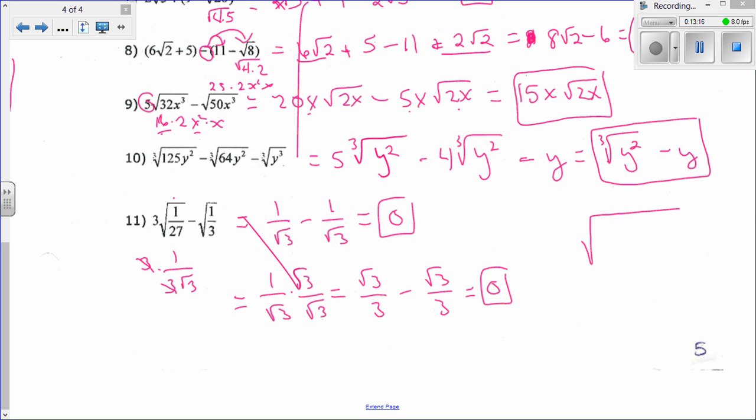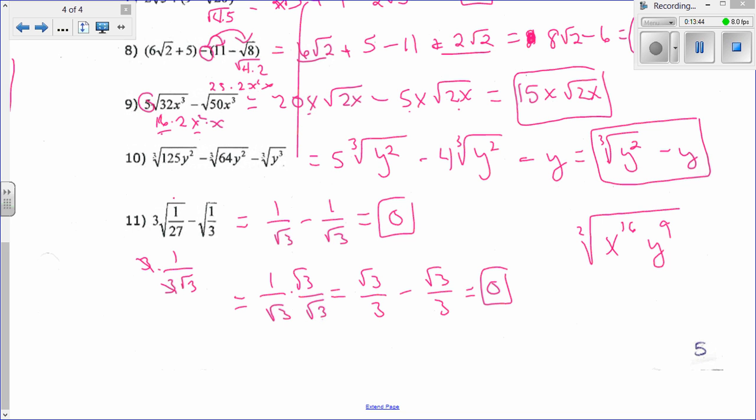The square root of x to the 16th, y to the 9th. I do not ever take the square root of the exponents. If it's an even exponent, I simply take half of the exponent, because this is a square root that's like having a little index of 2. So I just would divide it by 2.